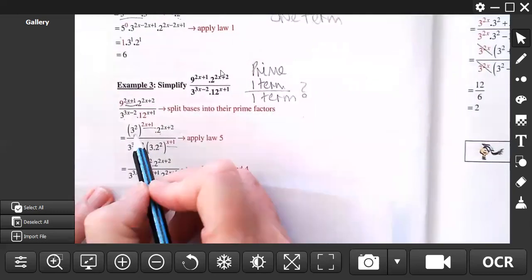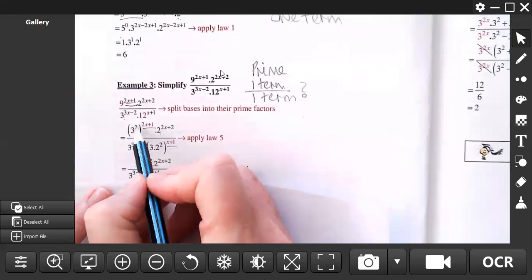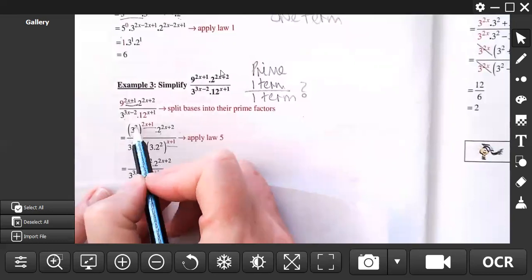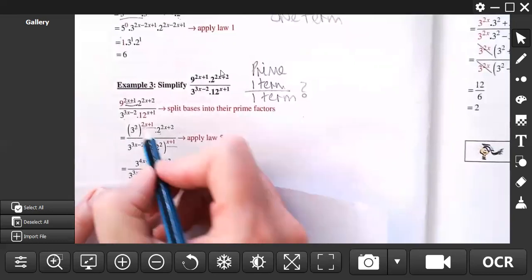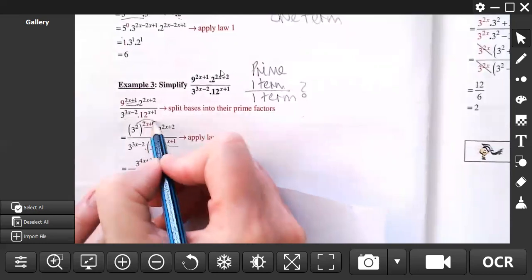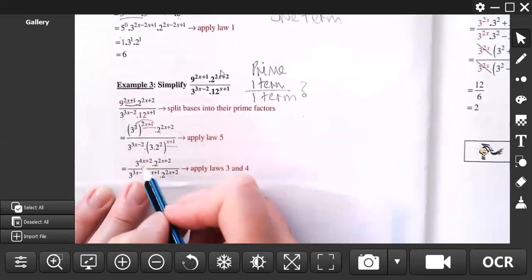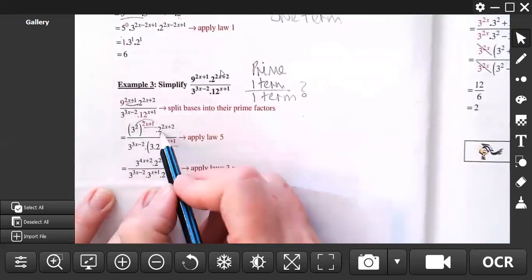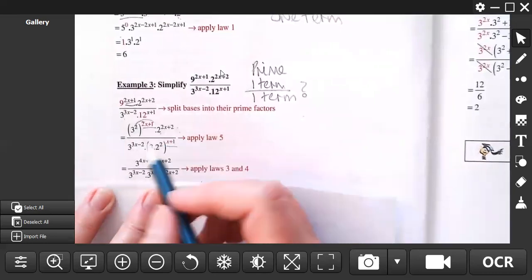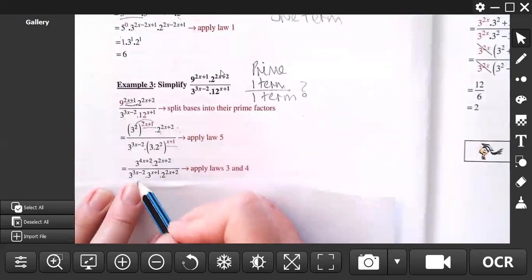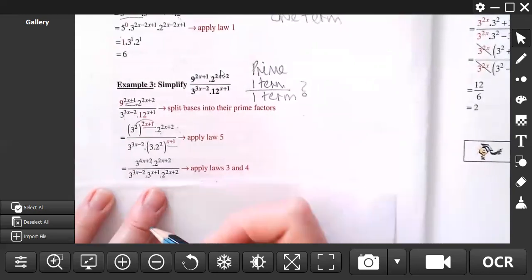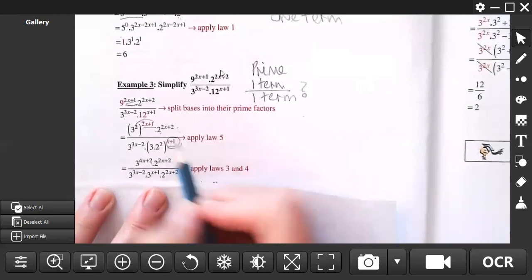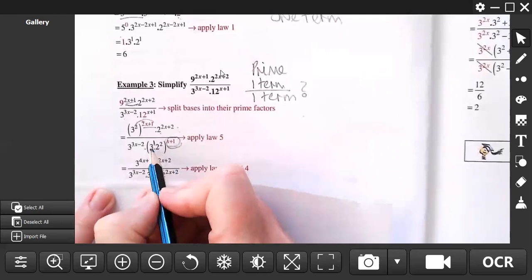Okay, and now we are going to multiply in our exponents. So I'm going to say 3 to the power of 2. Now I'm going to multiply in that bracket there. So it's going to be 4x plus 2, 2 to the power of 2x plus 2. Here, 3 to the power of 3x minus 2, which is correct. And now we are going to multiply in the x plus 1. The exponent of the 3 is 1.